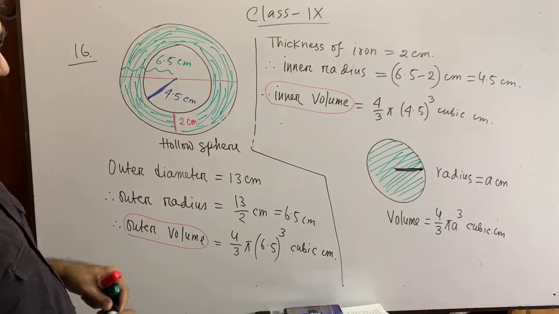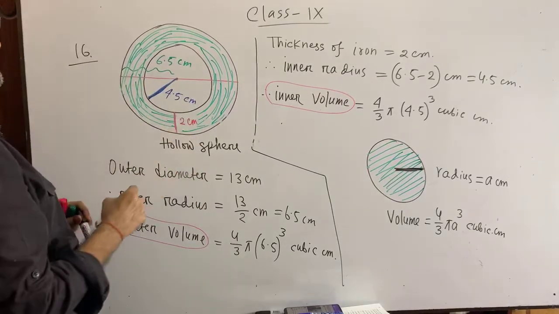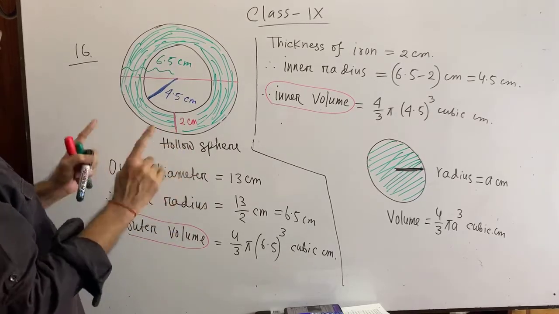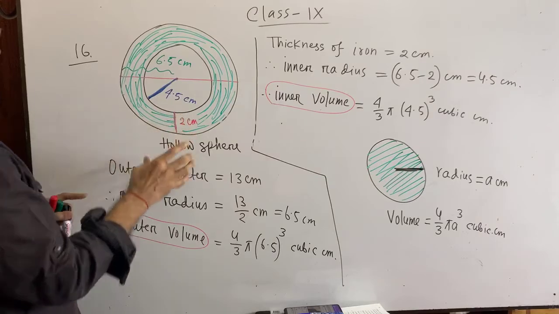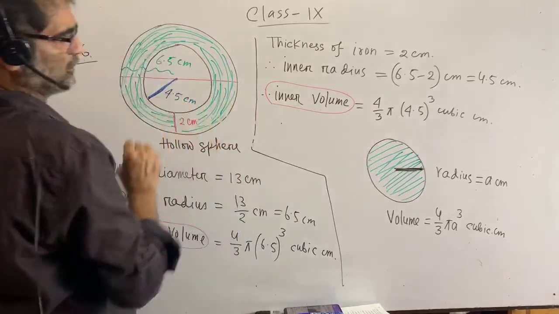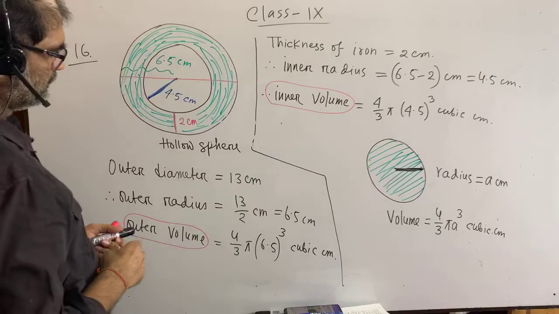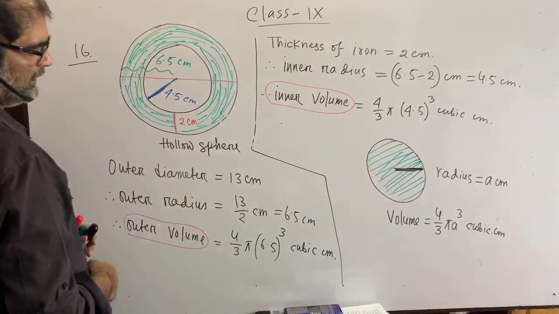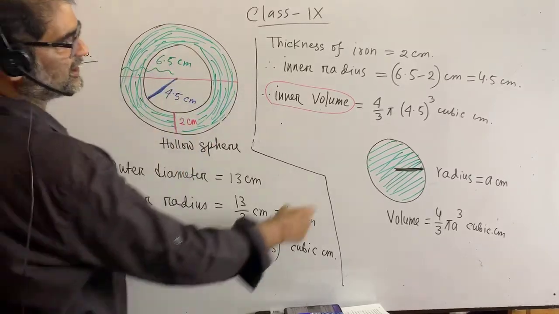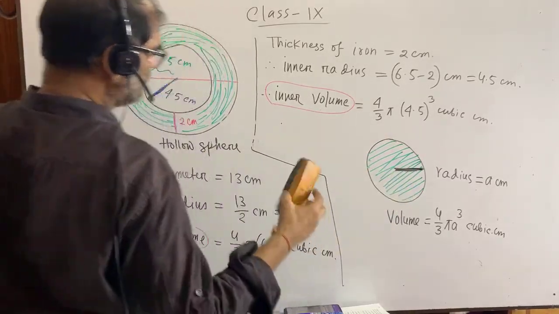Now you see, like the previous math, the volume of the iron used in this hollow sphere is equal to the volume of the solid sphere. This iron and this iron, they are equal in volume. So if I subtract the inner volume from the outer volume, then we will get the volume of this solid sphere.